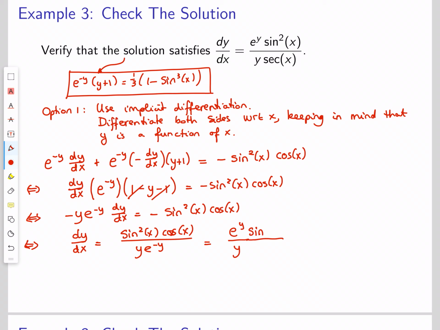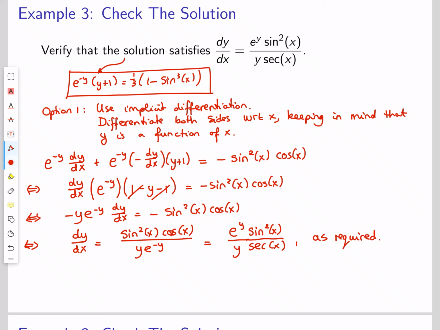We leave the sine squared of x in the numerator, and cosine of x we can rewrite as 1 over the secant of x. And so that pops a secant of x in the denominator. And this is exactly the differential equation that we started with. So indeed, our solution is correct.